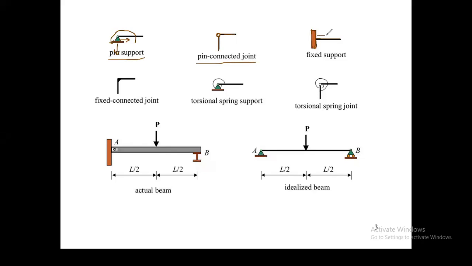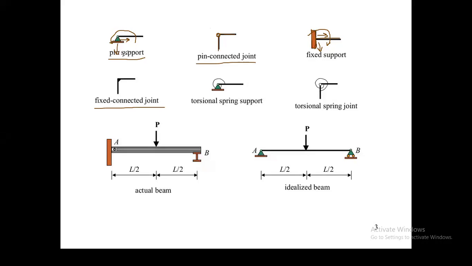That means it is restricted in the horizontal direction, restricted in the vertical direction, and restricted in the clockwise or anti-clockwise direction, right? So here a fixed connected joint is there.